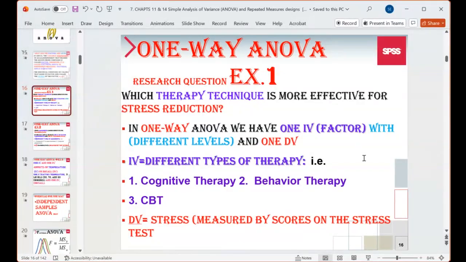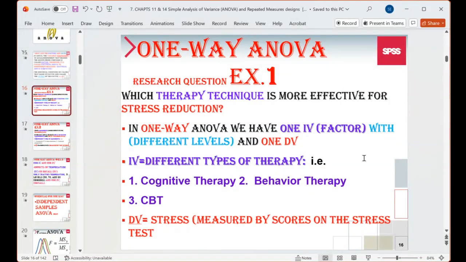So you still have one IV, which is called factor, but each one of them is different therapy. So your IV has three different levels. And this is one way ANOVA because we have one IV and one DV.